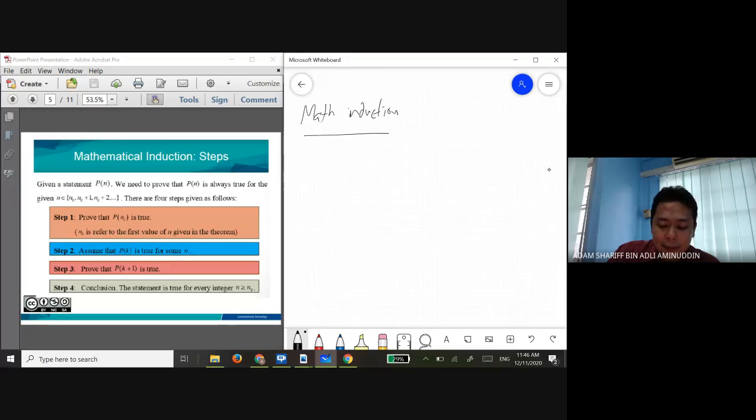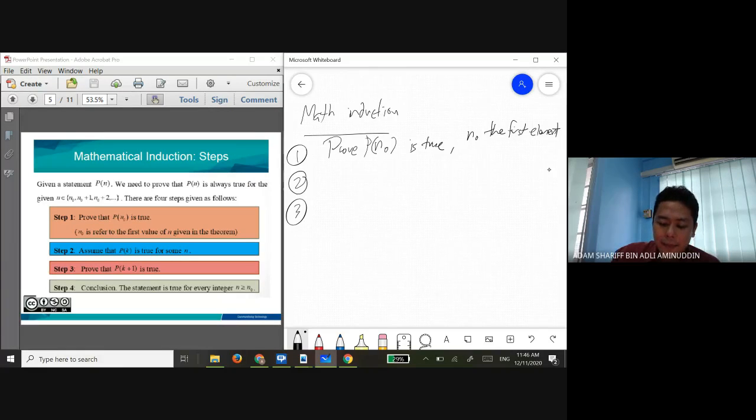So focus please, there are 3 major steps. The first one is to prove that the case of n naught is true. N naught stands for the first value or the first element in the given formula.